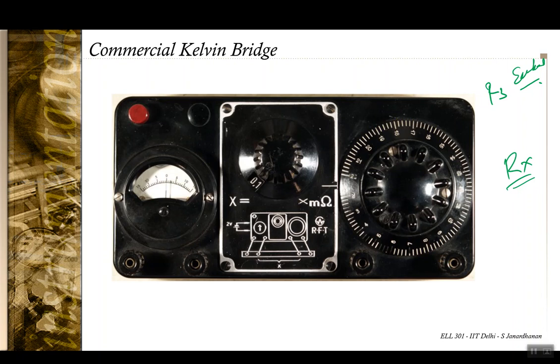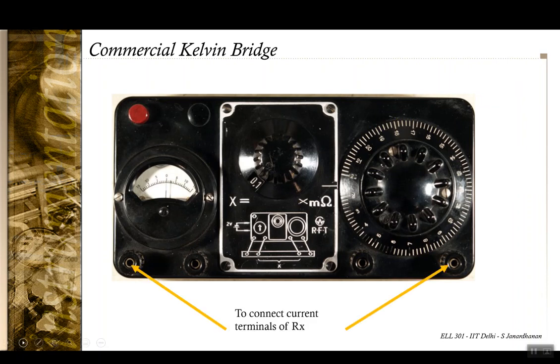So basically what you are doing is that you connect the current terminals of Rx to these 2 ports and the voltage terminals to these 2 ports, and you change R3 by modifying this knob until you get a 0 deflection in this galvanometer.